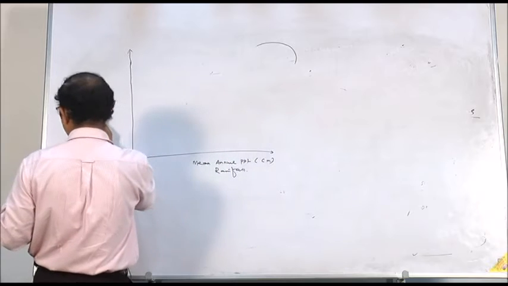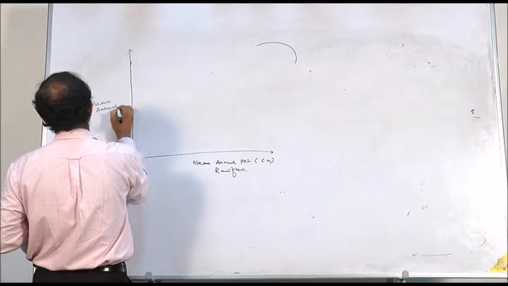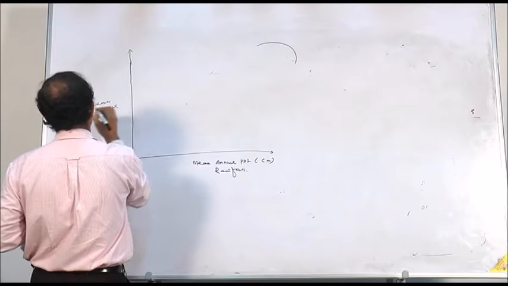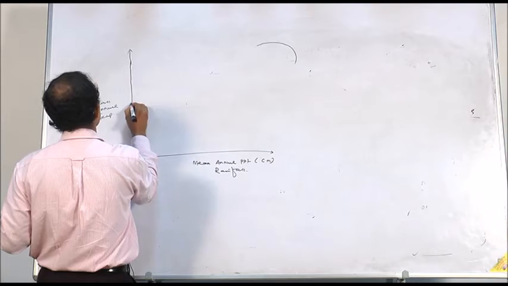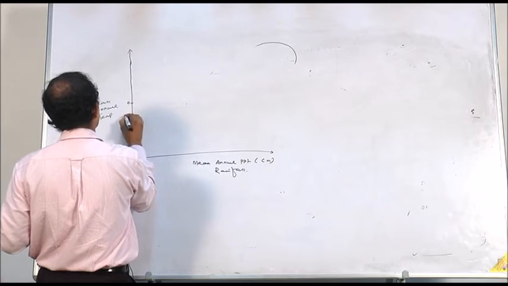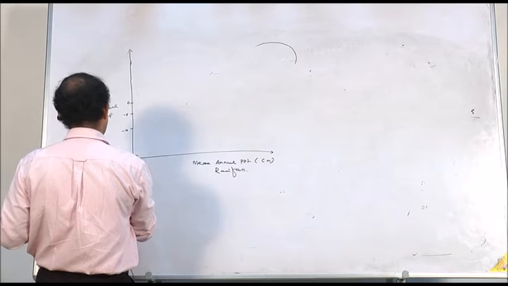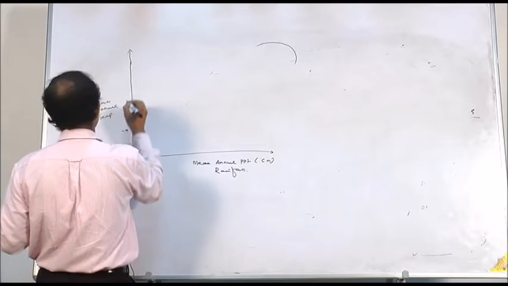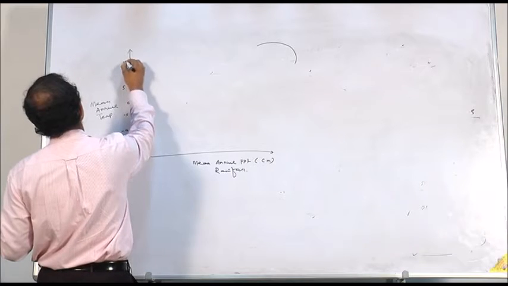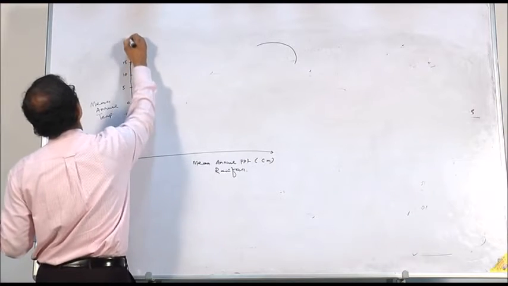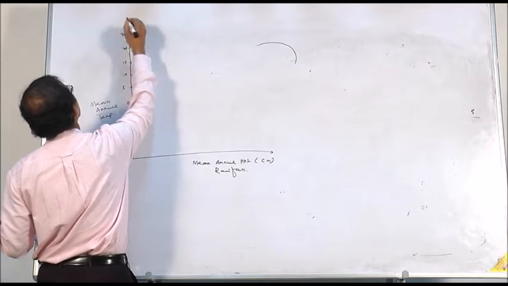On the other axis we can take the mean annual temperature. Here you will find the scale going 0, -5, -10, -15. Similarly, 5, 10, 15, 20, 25.